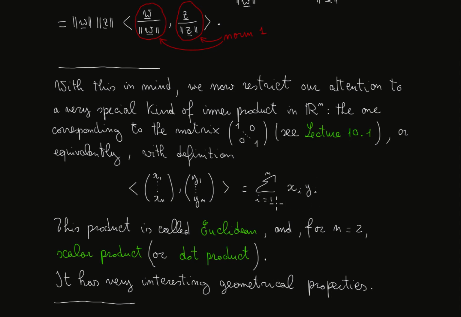This product is called Euclidean, and for n equal to 2 it is called the scalar product or dot product. It has very interesting geometrical properties that relate to the angle, as we defined before, between vectors.